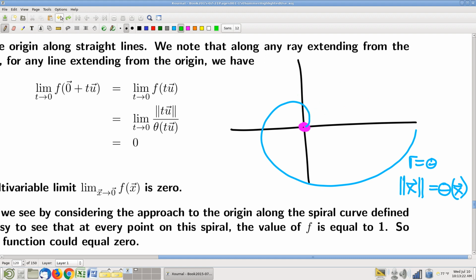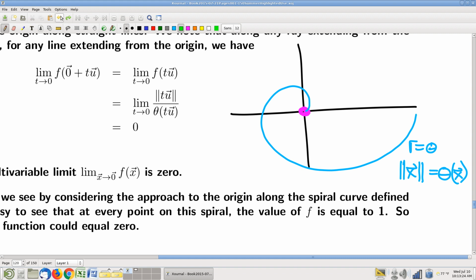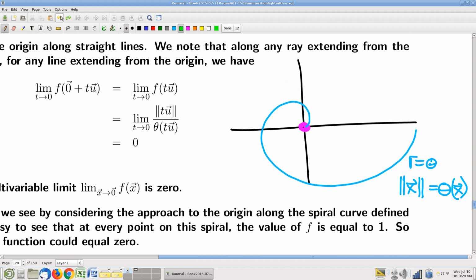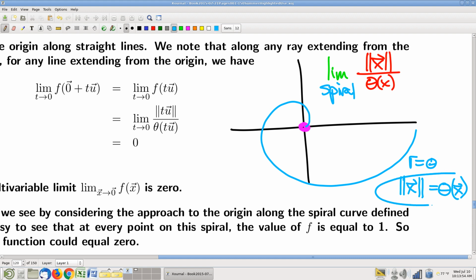And what do you suppose happens if we take the limit along that line? Well, along this blue line, the limit of the function, well, the function is the magnitude of x divided by theta of x, which according to this is always equal to 1.